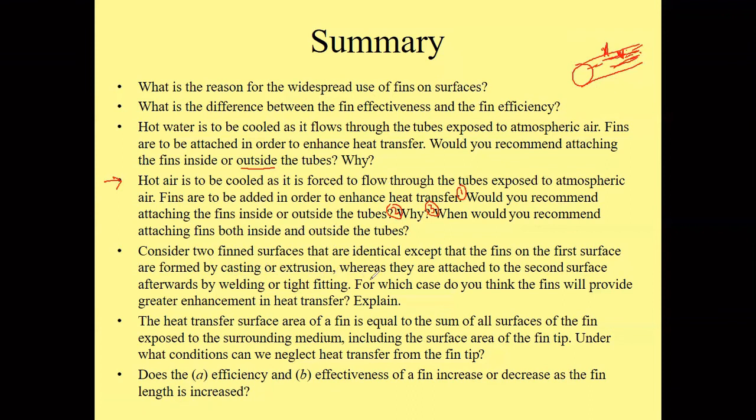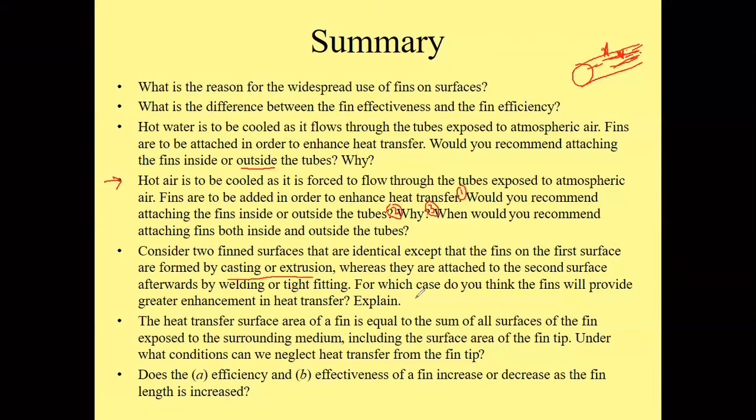Rather than the second case, you have a tube and then you weld the fins on the surface. So which one do you think will provide greater heat transfer enhancement? Right. So it's this one, isn't it?